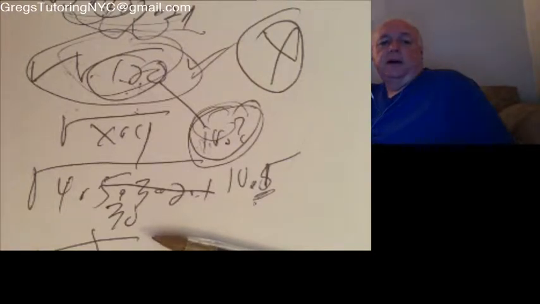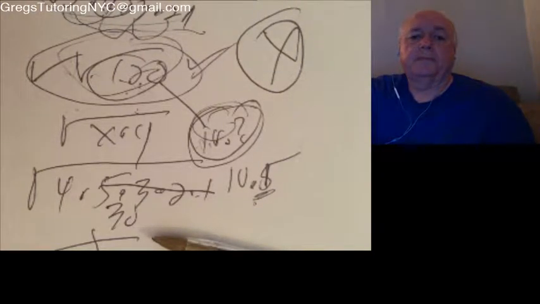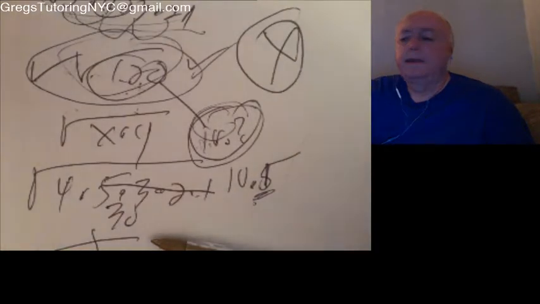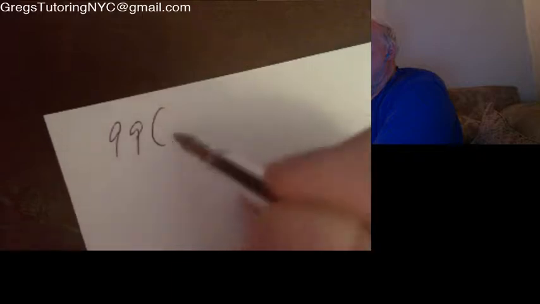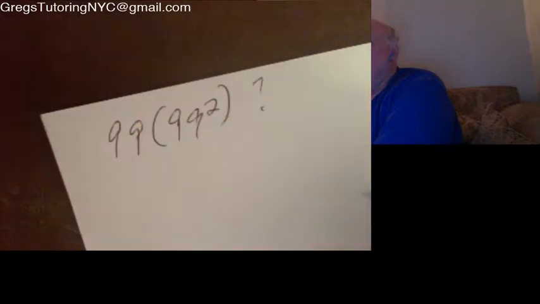Let me see, I have a whole bunch of examples scattered about. How about this one for simplicity purposes? I'm running out of scrap paper. So if I have 99 times 99 squared, what is that equal to?